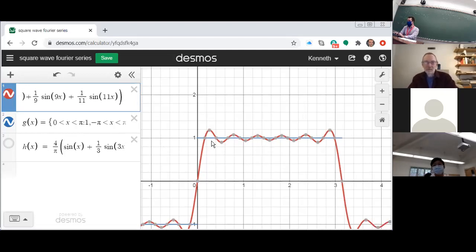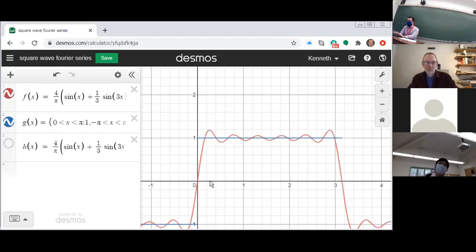I think the peaks are always going to be there, but if you focus on one particular point in the domain, like this point, 0.281, and then take more and more and more terms, then the red line is going to get closer and closer to the blue line. But the peak will still be there.